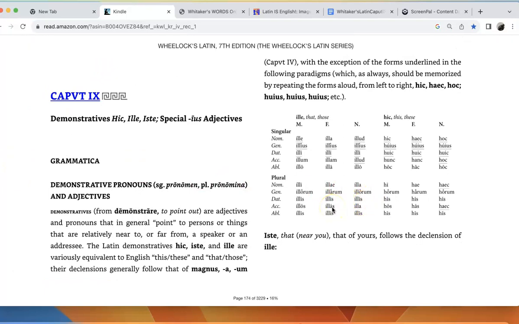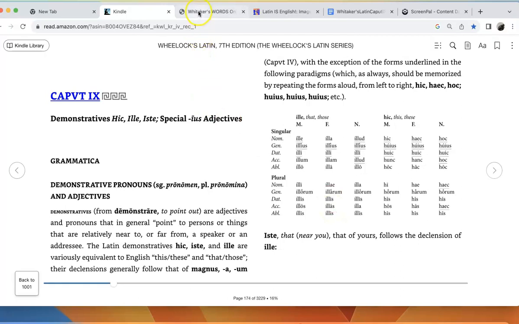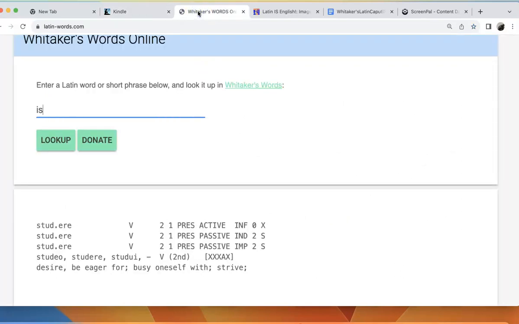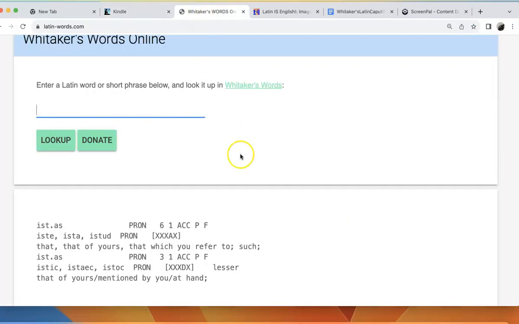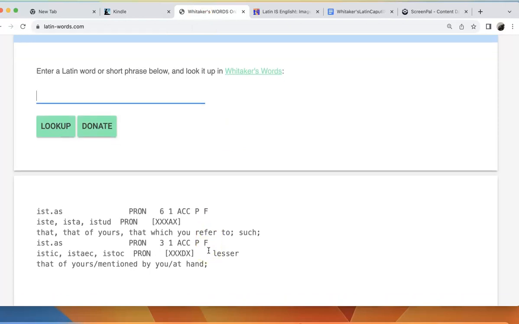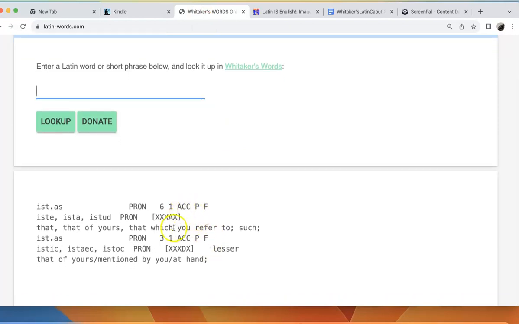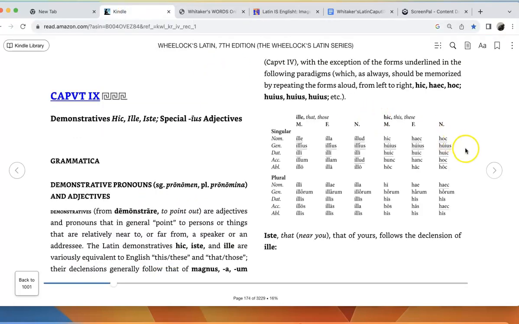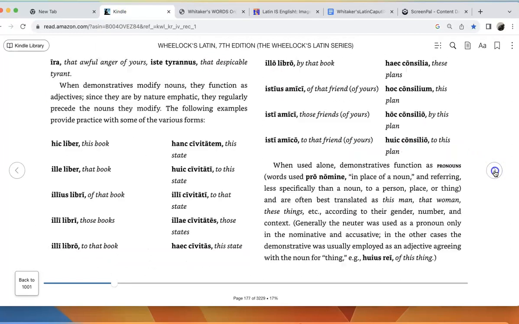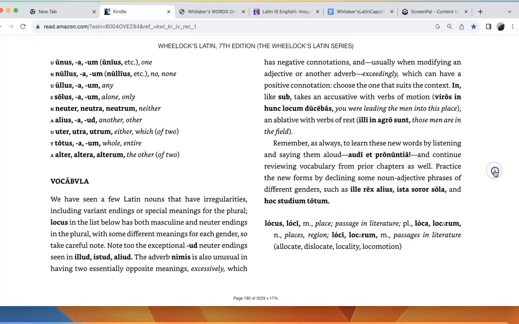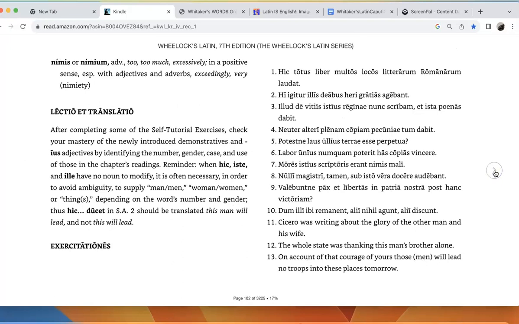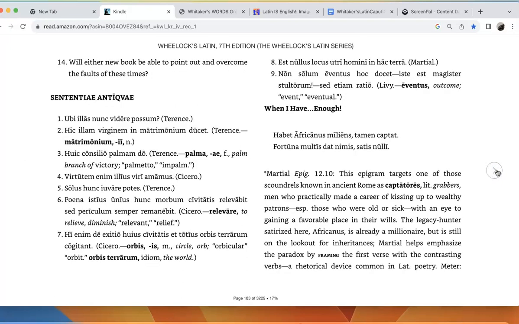So istas, which is right here. But again, if we're not sure, there is a fuller synopsis of these in the back of your book as well, but you can see that it is accusative plural. And then, as your book points out, ista is often pejorative or negative, some kind of negative valuation of whatever it is being discussed.